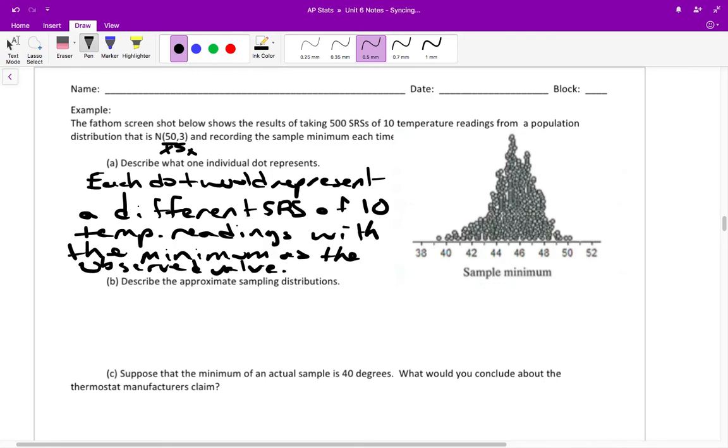So each one of these dots represents the sample minimum. Each separate dot is a different simple random sample with that minimum.